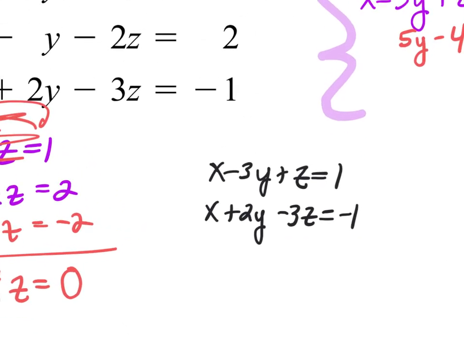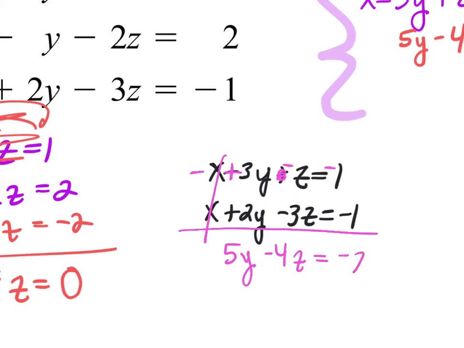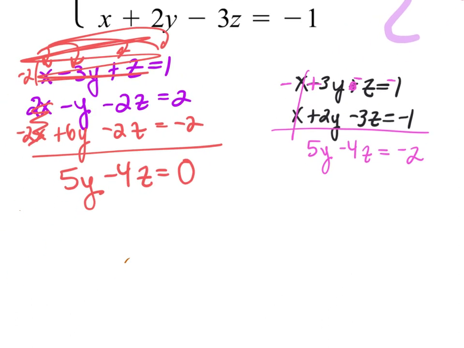I'm not going to rewrite anything. This becomes negative. This becomes positive. This becomes negative. And this becomes negative. Is everybody okay with that? Okay, so what happens to x's? Cancel. So I'm left with 5y minus 4z equals what? Negative 2.